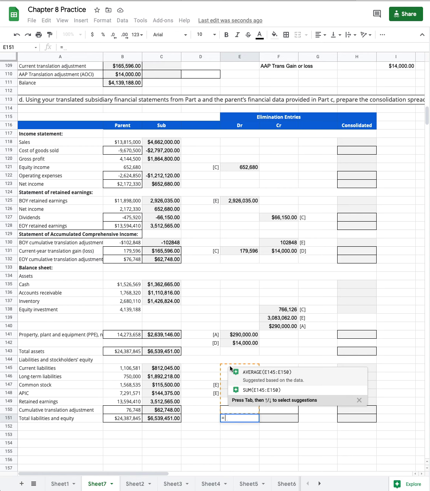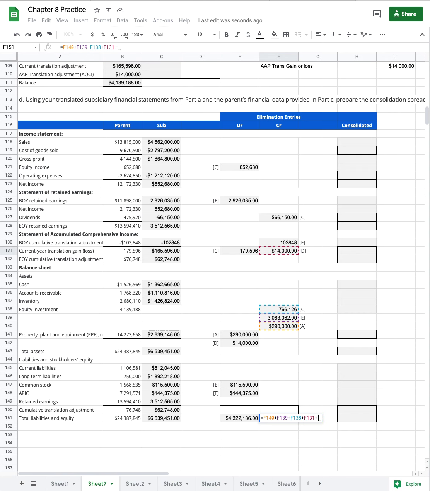And actually, I think because these cells are merged in between, it doesn't really like that. So I think we have to just manually add them all together. All right, and then that just leaves us with the actual final calculations over here that are consolidated.